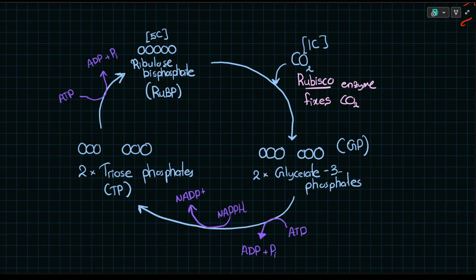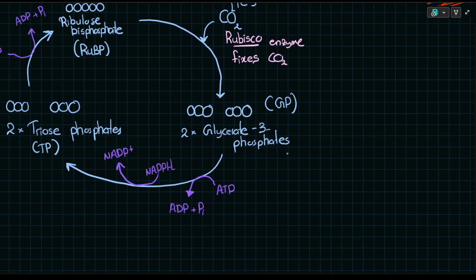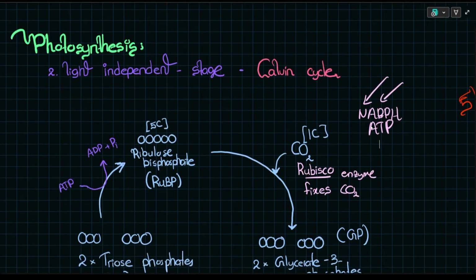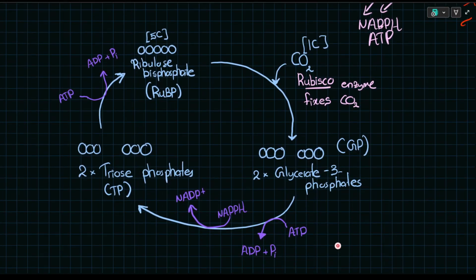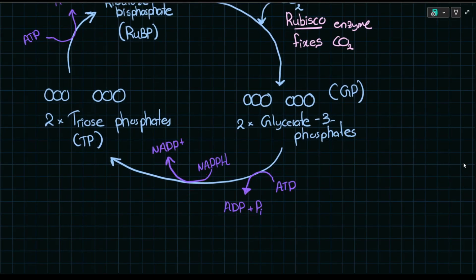Before that, I'll show that we are bringing NADPH and ATP from the phosphorylations. So we are bringing those things and thus they are being utilized for the Calvin cycle. Okay, back to what we were talking about.